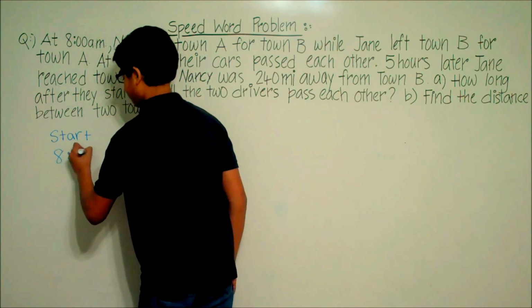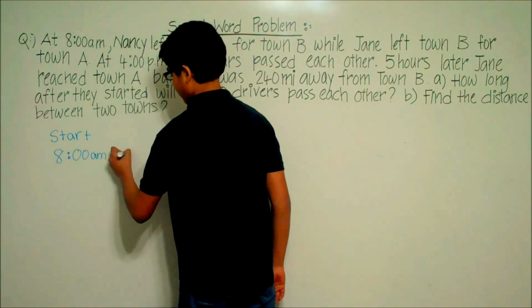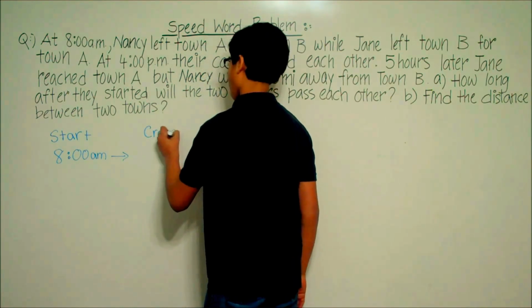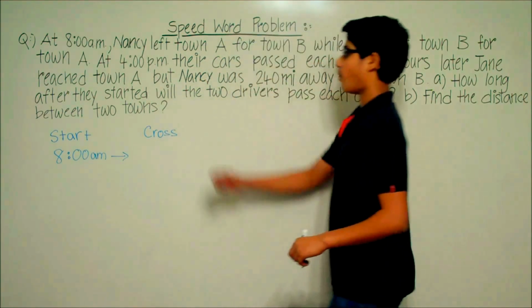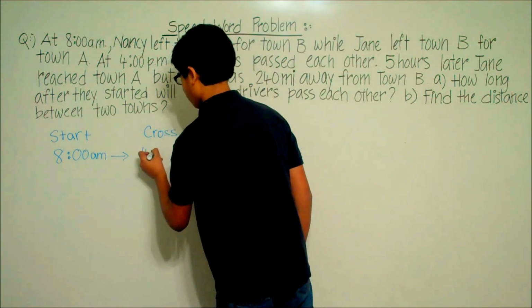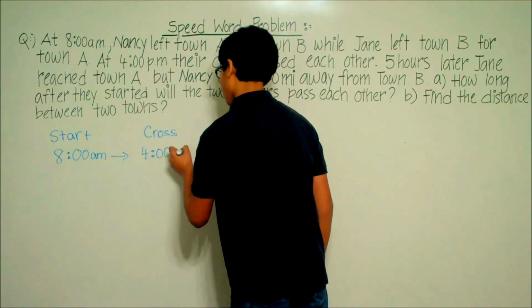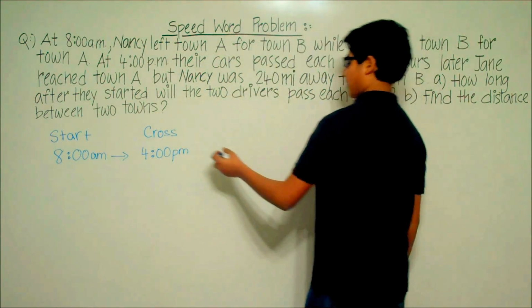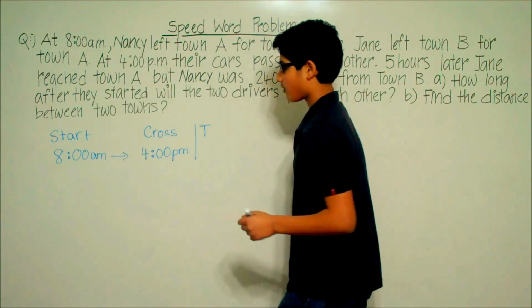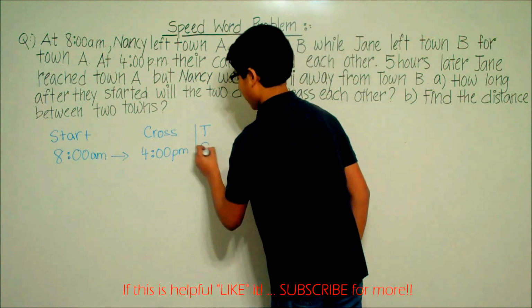(8:00 a.m.) And they crossed paths at 4 p.m. So, this means that the time that it took from 8 a.m. to 4 p.m. is 8 hours.